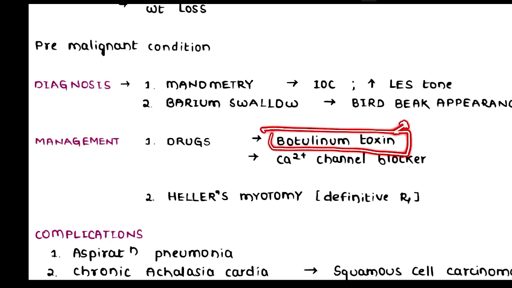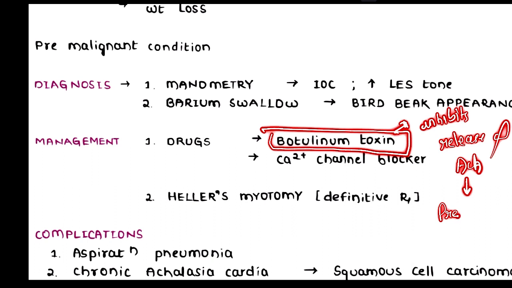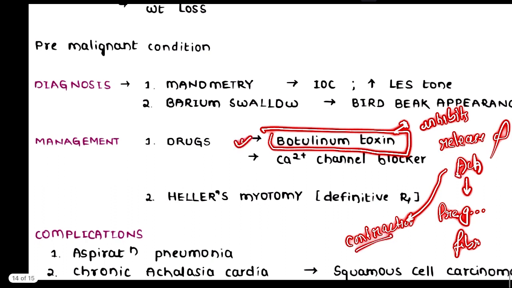It inhibits the release of acetylcholine from the preganglionic fiber. Now we know the function of acetylcholine is that it causes contraction, right? If this is inhibited, then what will happen? Obviously there will be dilation. So botulinum toxin is the important drug that is prescribed in this case.